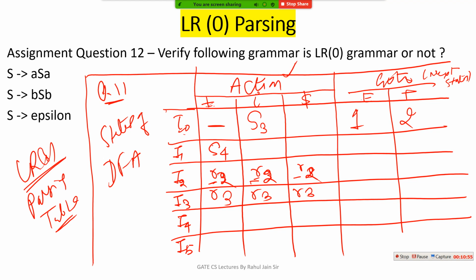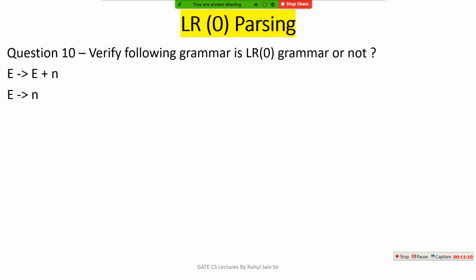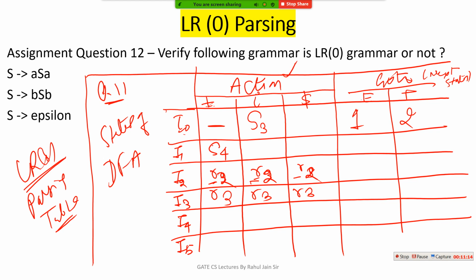Okay guys. Now I need to look at I4. In I4, I am shifting on T to state 5. So I4 on capital T would be 5, because I have shifted.